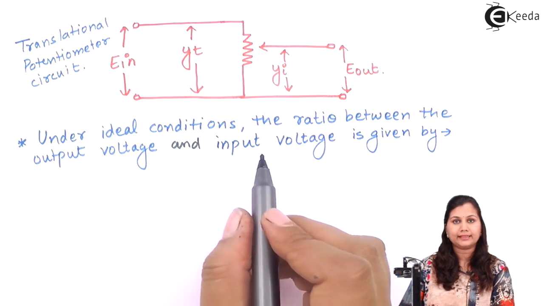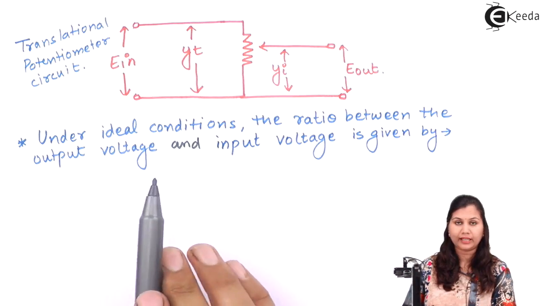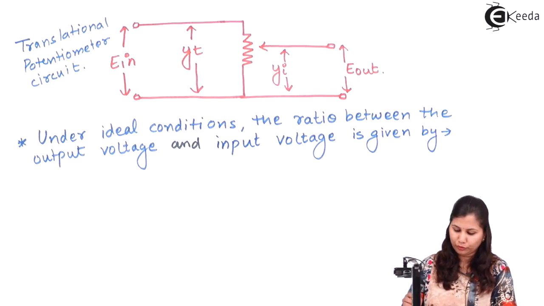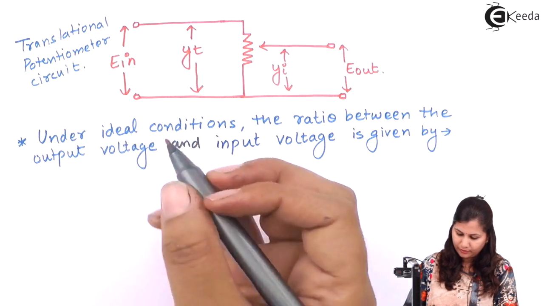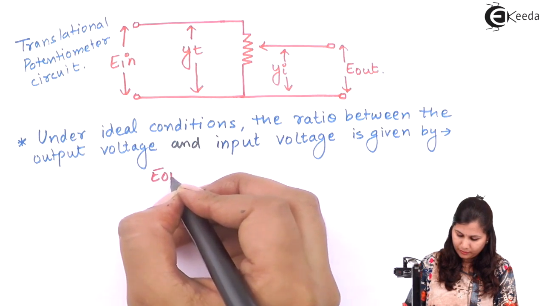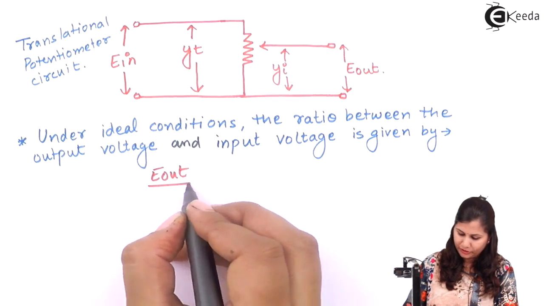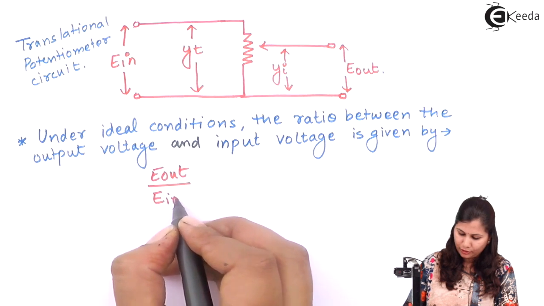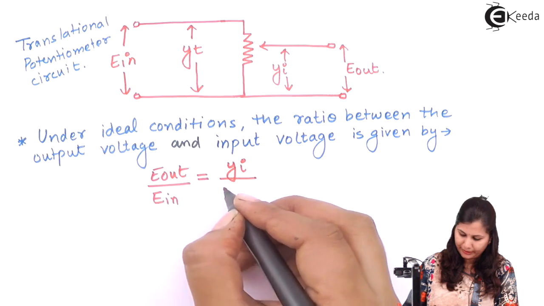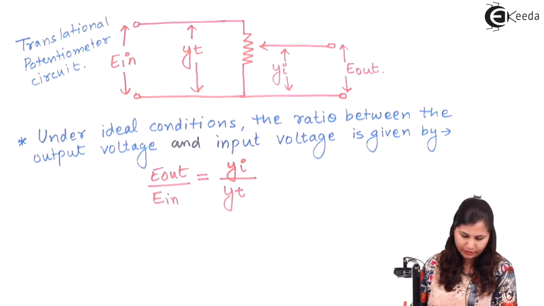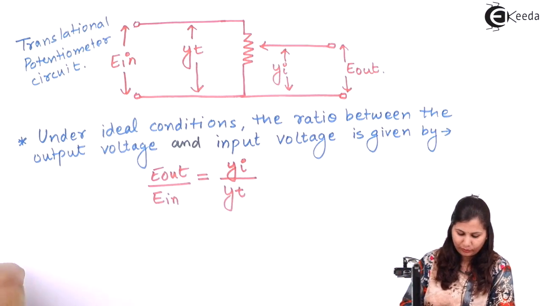So under ideal conditions, the ratio between the output voltage E out and the input voltage E in will be given by Yi by Yt. Now what is Yi and Yt?